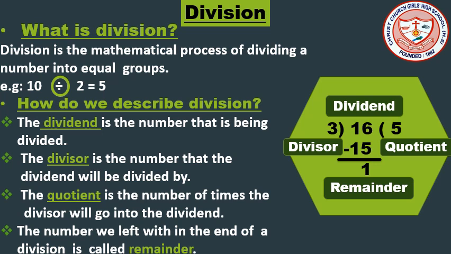So this 1 is the leftover. We cannot divide 16 exactly by 3. So in this example, 16 is the dividend, the number that is being divided.